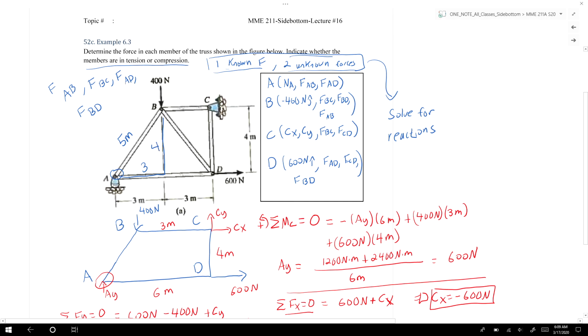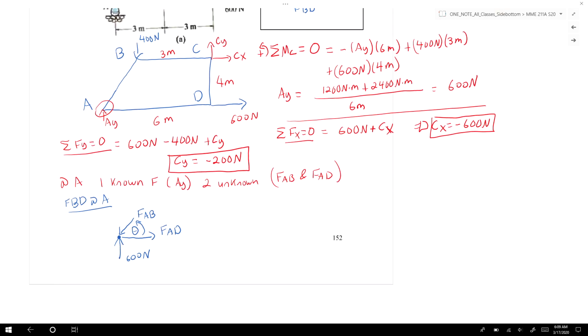Alright, so we can say that our line for FAB would also go along a 3, 4, 5 triangle. So we can use that ratio of that triangle to determine the x component and the y component of FAB.